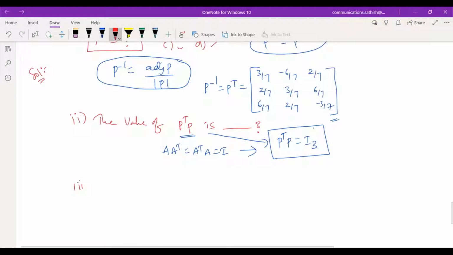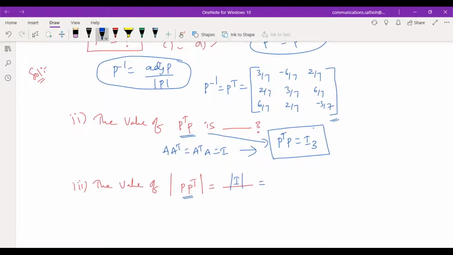One more extension for the same problem: if I asked you the value of the determinant of P transpose, what would I get? 1, sir. Very good. P P transpose is also the identity matrix.